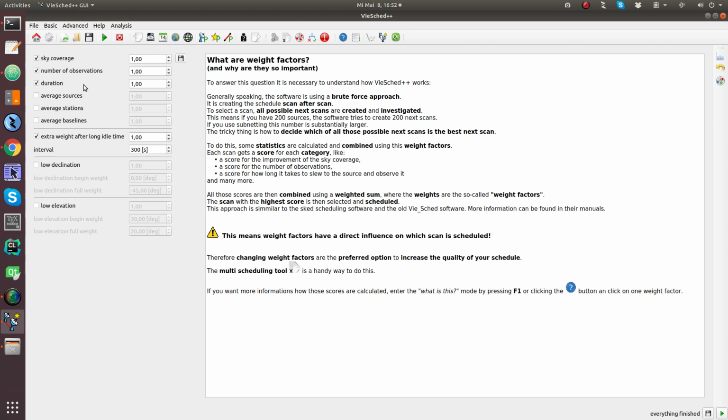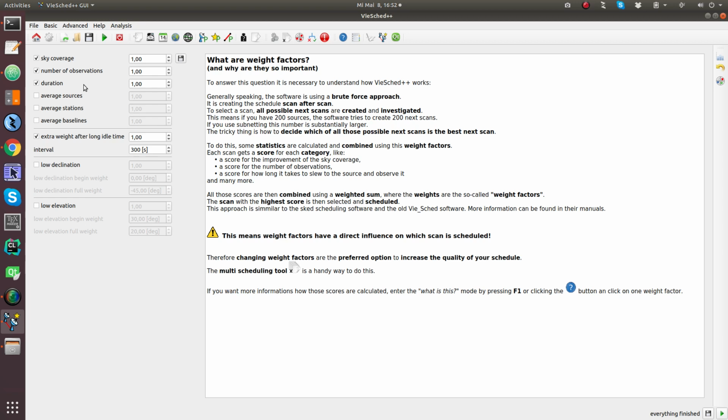For every scan, or every scan combination in case of subnetting, these scores are calculated. So you end up with a couple hundred possible scans or scan combinations, and you calculate scores for each of these possibilities.